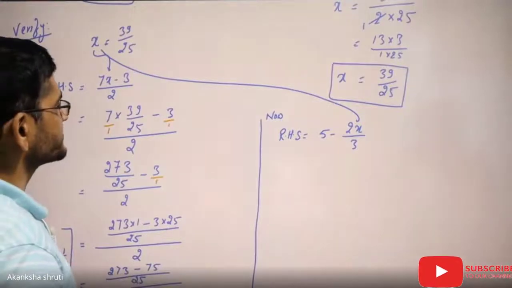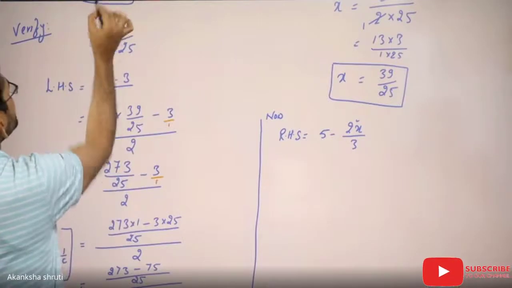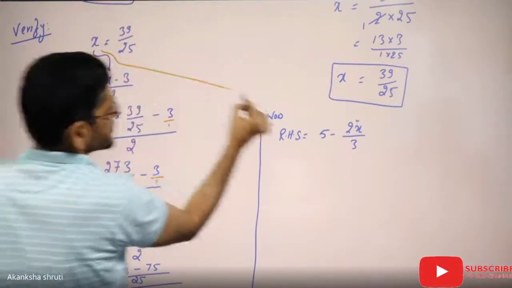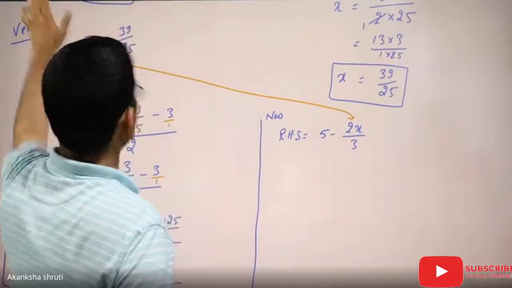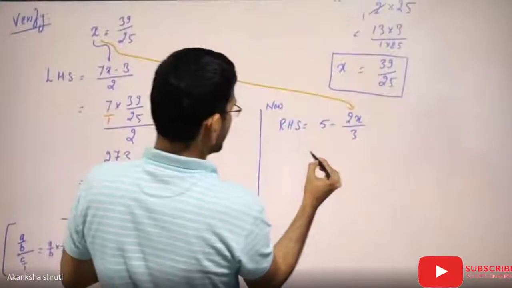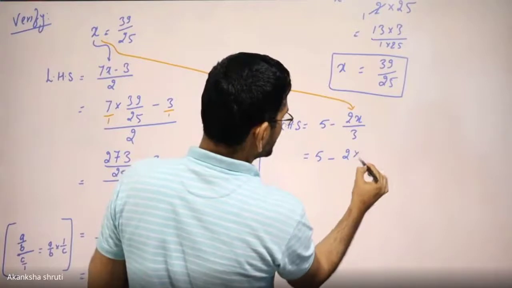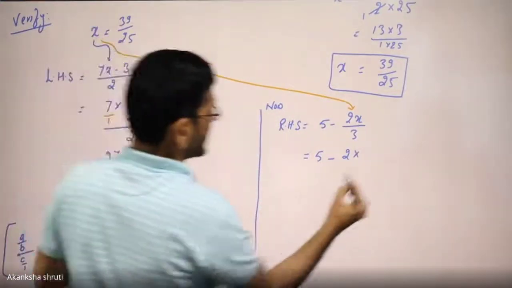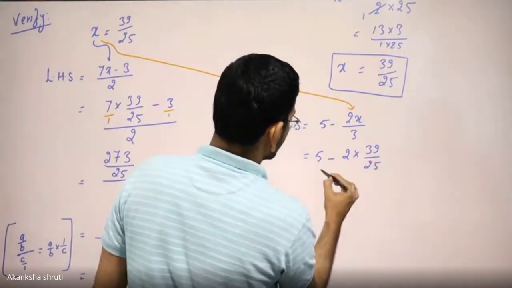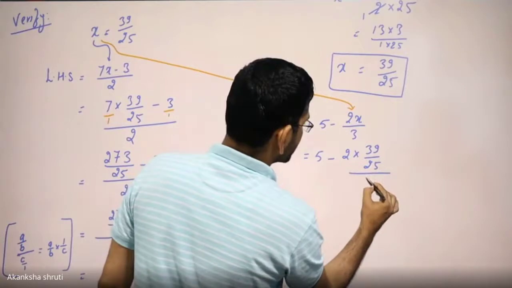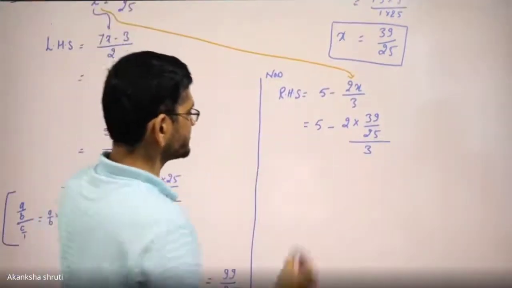So let us go for substituting the x that we have calculated. Now I am going for substituting this x in RHS. So please substitute properly. So RHS becomes 5 minus 2 into 39 by 25. Please understand this carefully. Here the 3 has to be divided with this term only. Okay. So student, keep this 5 as it is.